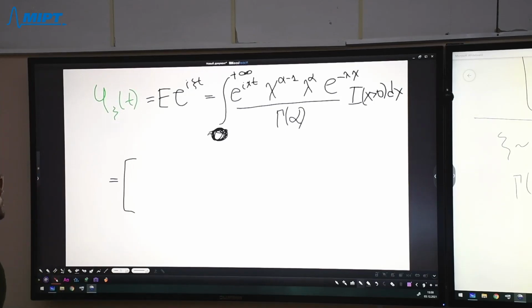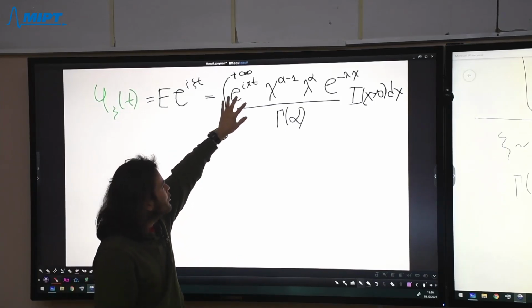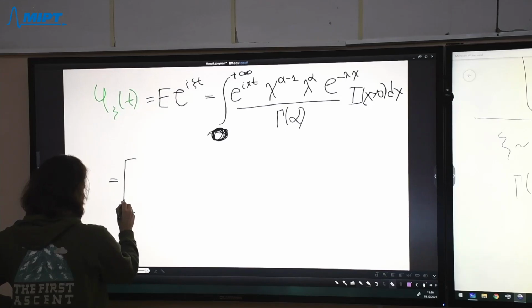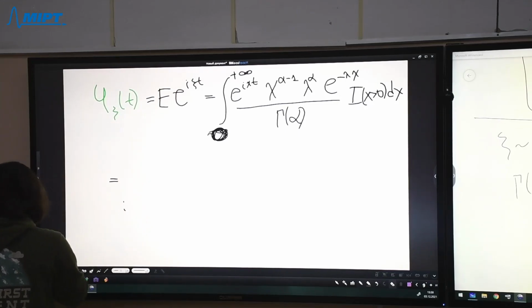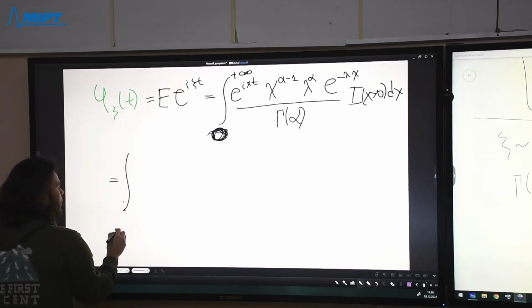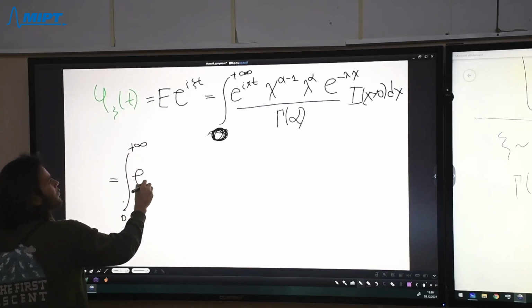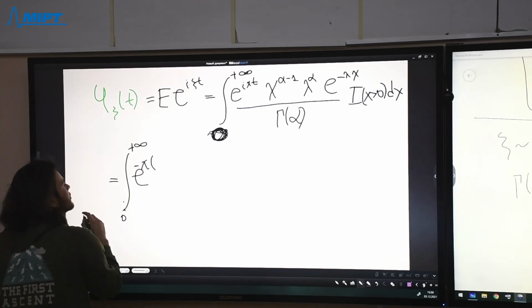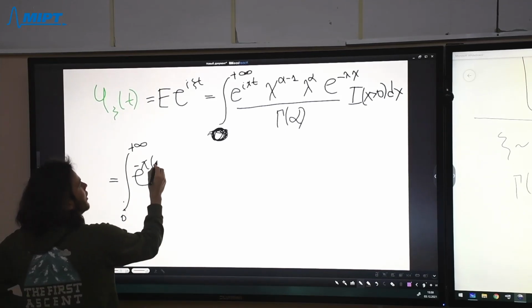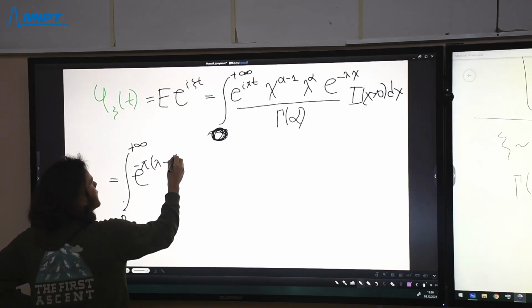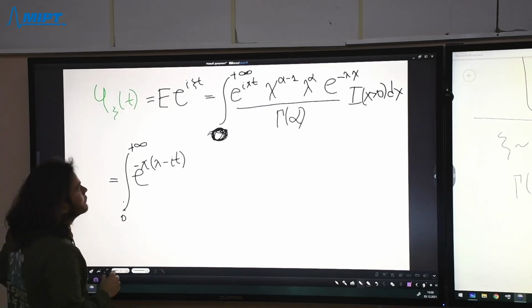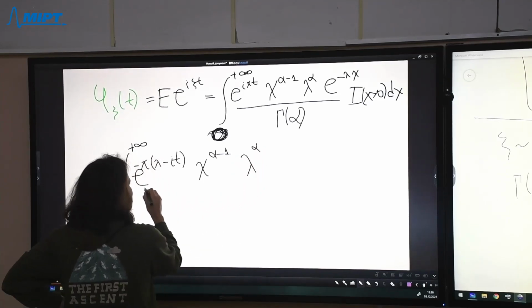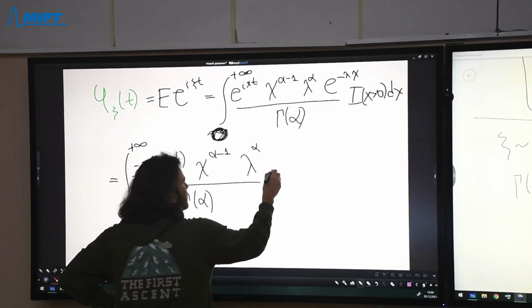Now let's put all of this together. We have the integral from 0 to plus infinity of e to the minus x times (lambda minus it), and we have x to the alpha minus 1, lambda to the alpha, all of this over the gamma function of alpha, dx.